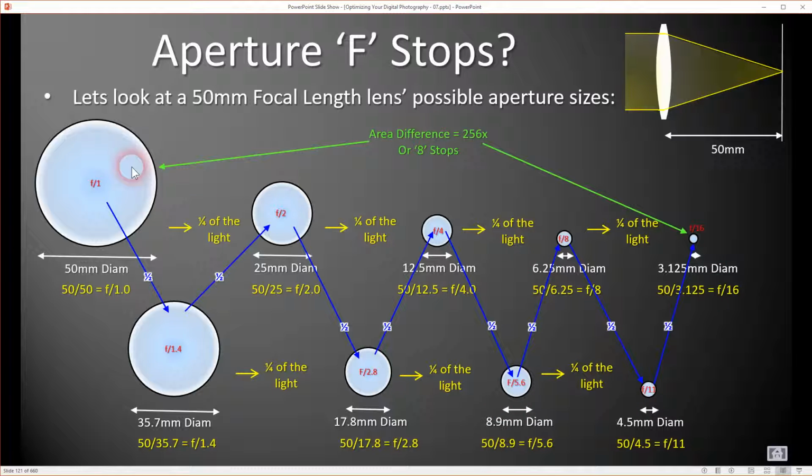Now the difference in area between an f1 lens, a 50mm focal length lens, and an f16 lens, is 8 stops, or we're getting 256 times less light from an f16 aperture compared to an f1.